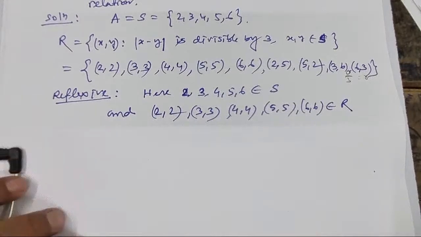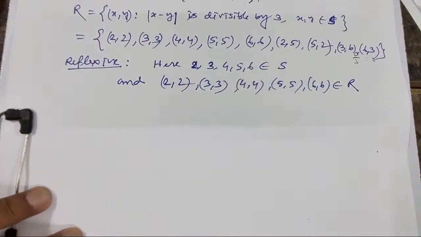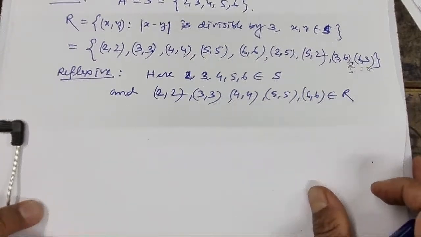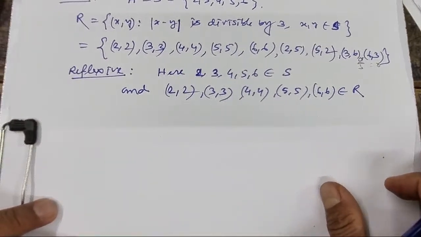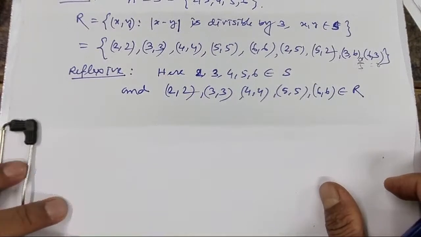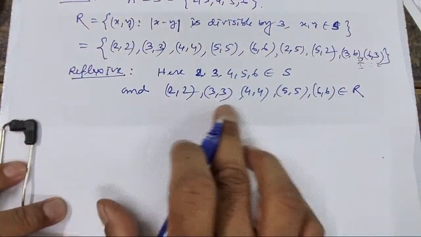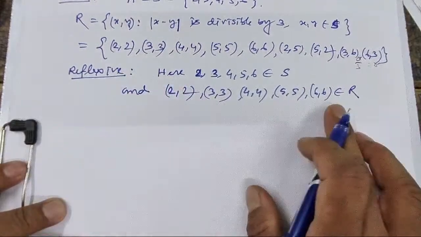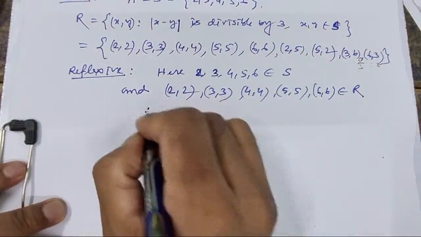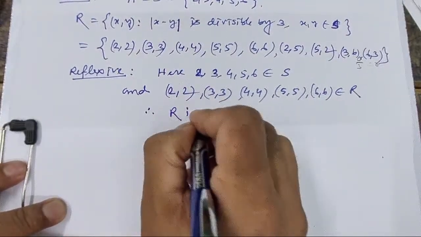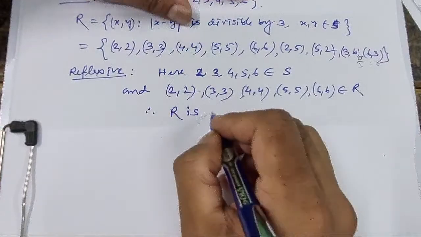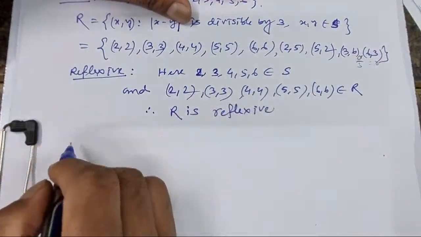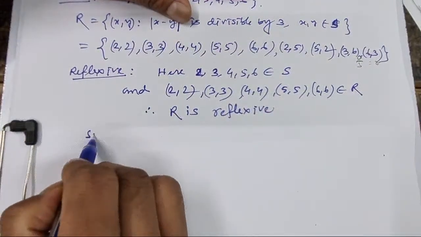Yes, the R values are here, I think it's clearly visible to you. All are present here. So you can write R is reflexive.